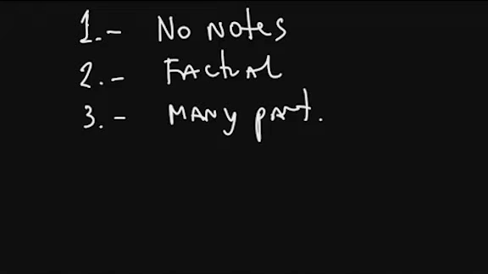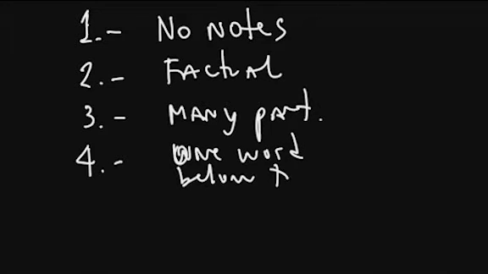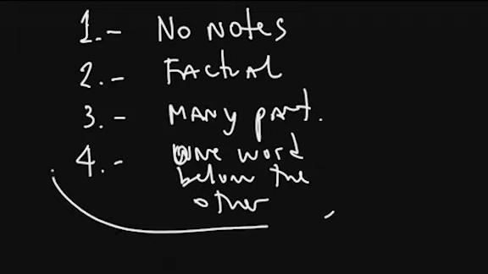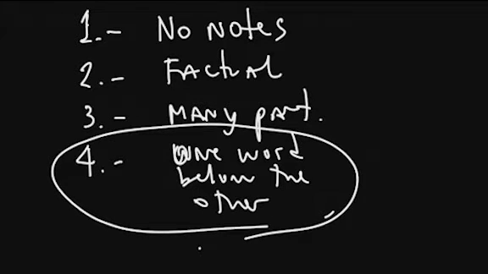And option number 4 is you write one word below the other, and that is sort of a very rudimentary technique, but it is useful at times. When you are not sure whether number 1 or number 2 or number 3 or whatever will work, you always fall into this one word below the other. So if you are not sure which technique to use, write one word below the other.